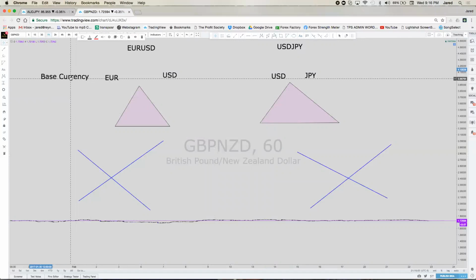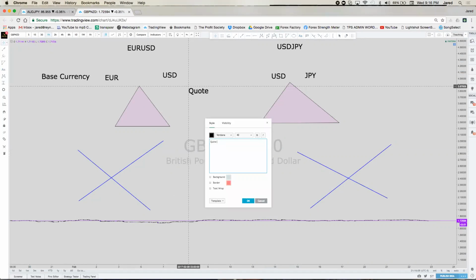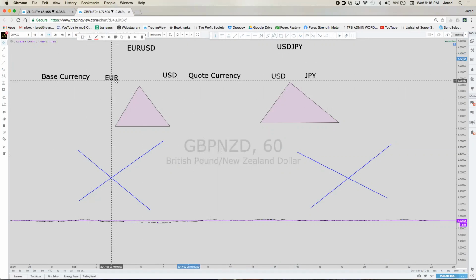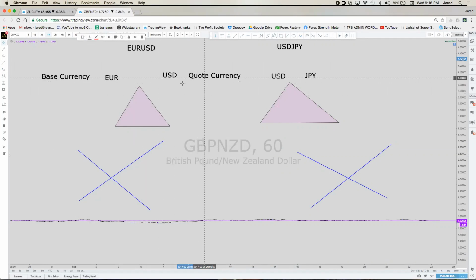This is the base currency. And the back pair, whatever is on the back side, is the quote currency. All right. So this is always going to be your base currency and your quote currency, no matter the currency, GBP, NZD, AUD, USD, EUR, whatever it is, base currency and quote currency.